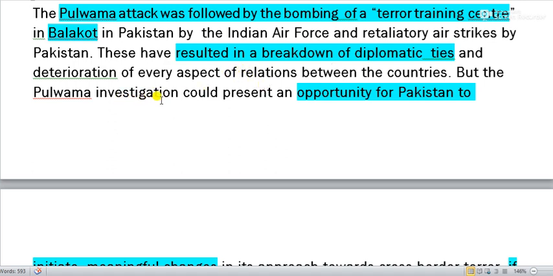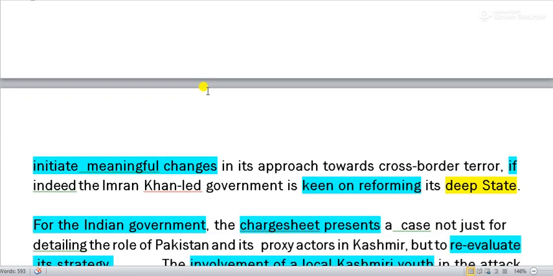But the Pulwama investigation could present an opportunity for Pakistan to initiate meaningful changes in its approach towards cross-border terror, if indeed the Imran Khan government is keen on reforming its deep state.